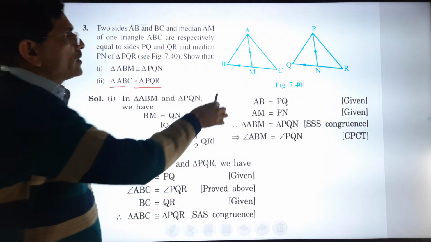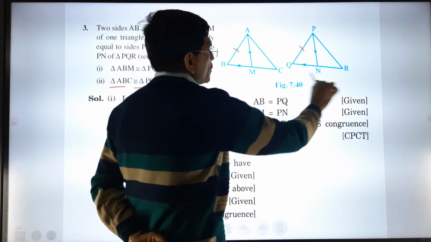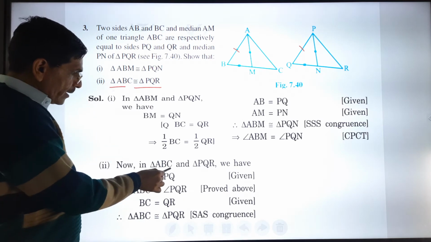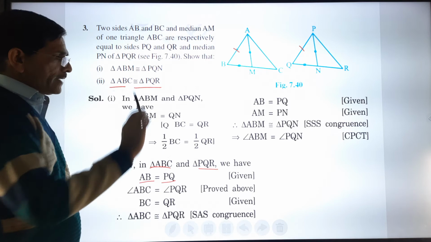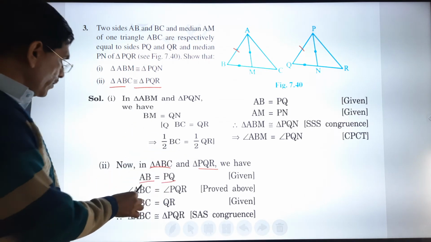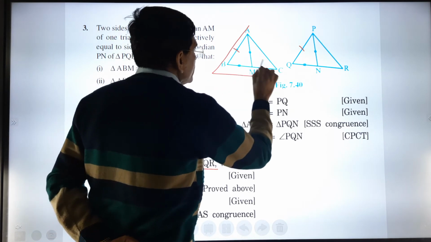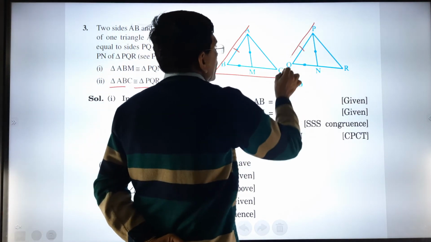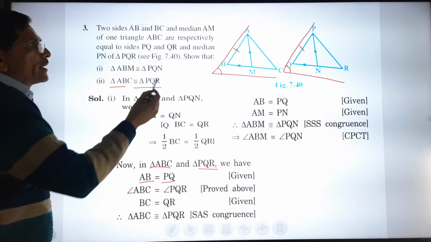So in triangles ABC and PQR, AB is equal to PQ, that is given. We already proved that angle ABC is equal to angle PQR.